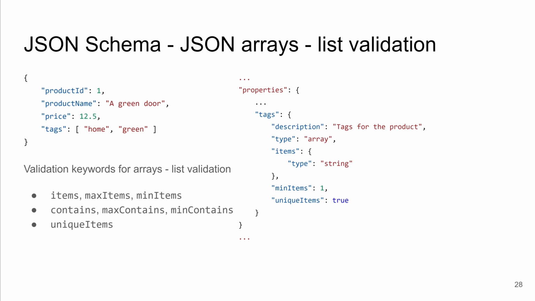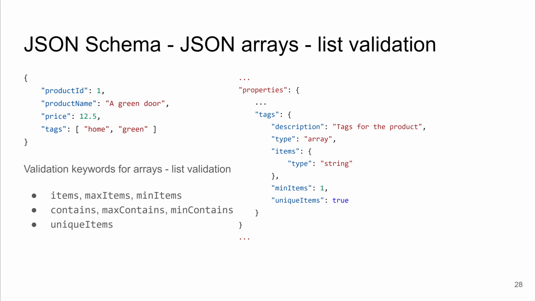Here the validation gets a bit interesting because there are two modes in which JSON arrays can be validated. The first mode is called list validation, and basically it describes a schema for all or certain items of the list. So the array here is a list of items, and for all or some of the items, the schema specified must apply.